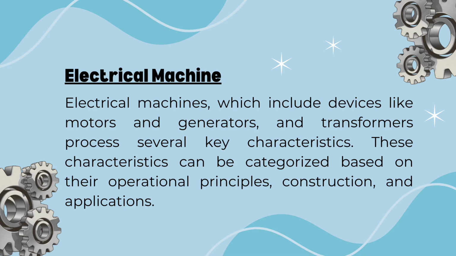They have different characteristics based on how they work, how they are built, and where they are used. By studying these features, we can better understand how electrical machines function and why they are important in various applications.